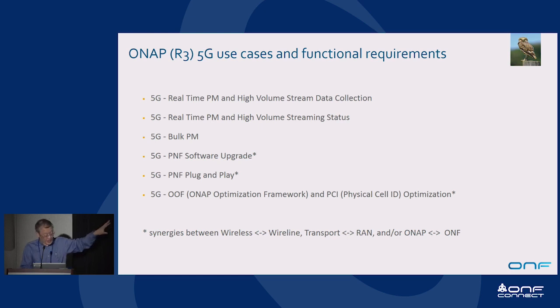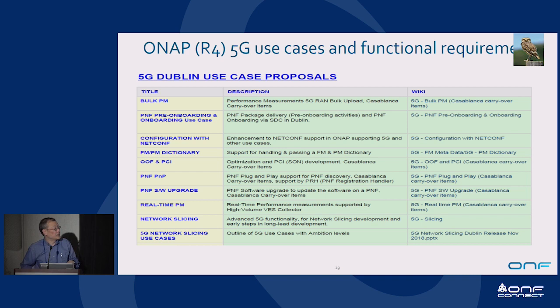So that was in the last round of testing last week, and then Tracy included a preview of ONAP Release 4, which is, I guess, Dublin, and some of the use cases that have been proposed for Dublin. And so ultimately, some of these use cases are going to factor into the next set of proof of concepts for the wireless transport work.